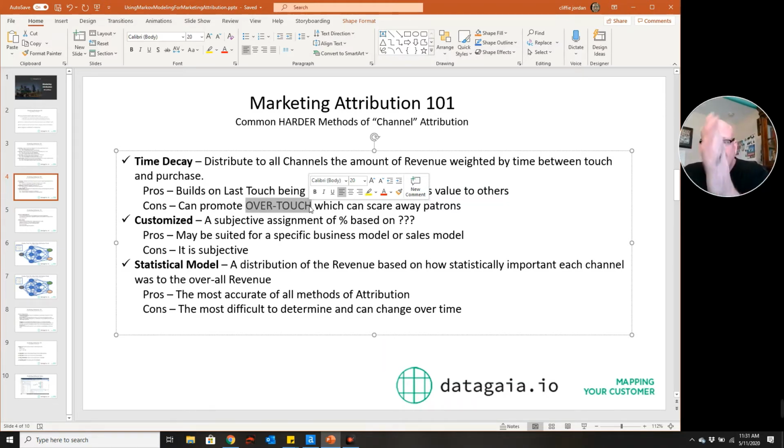And then the last touch is going to give me the most weight. And then you end up with channels competing with each other by hitting him over and over. And in these types of scenarios, depending on your product or service, you could scare away a customer.